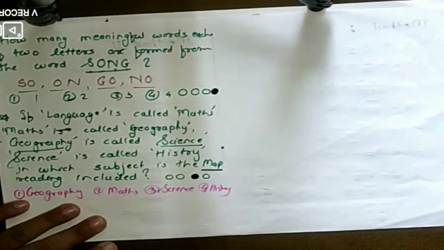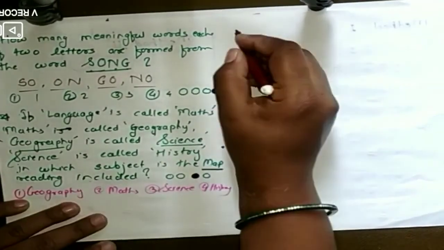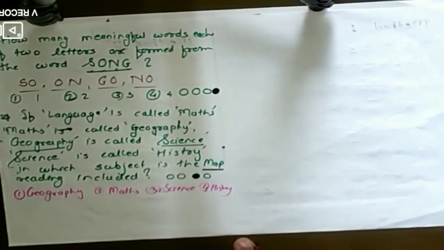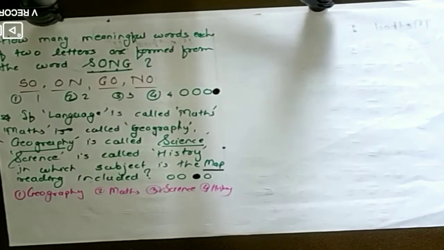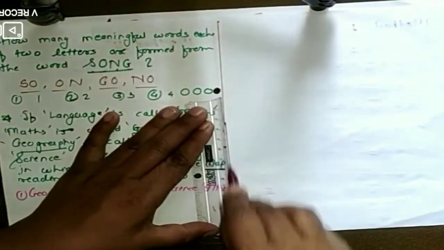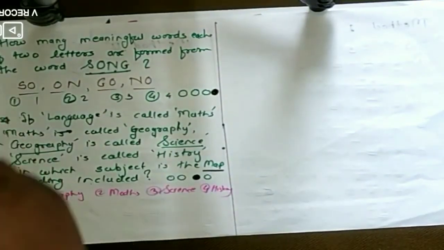We see the next question. Sometimes they are giving a series of letters. Okay, so I will write here one series of letters. In the exam such a type of question will come.